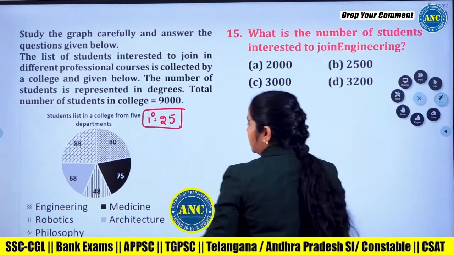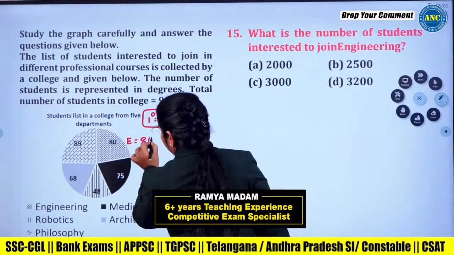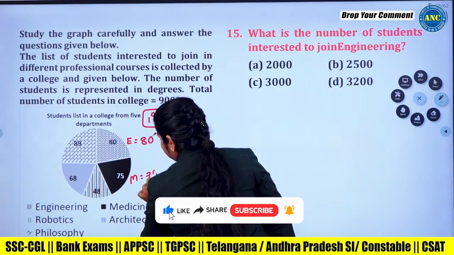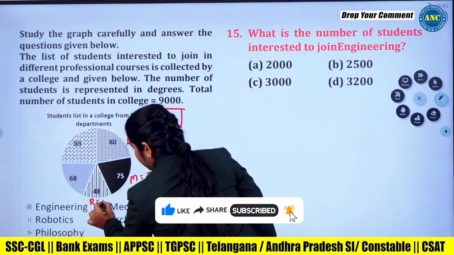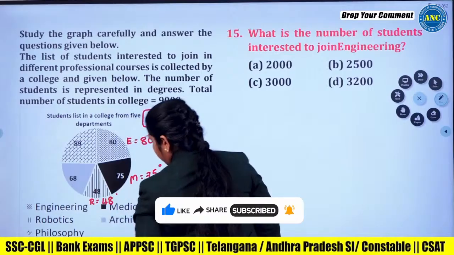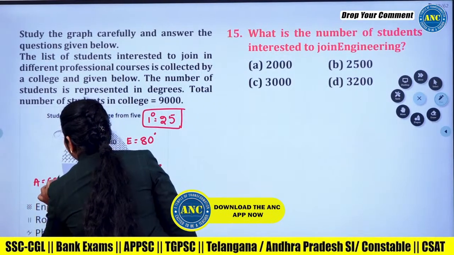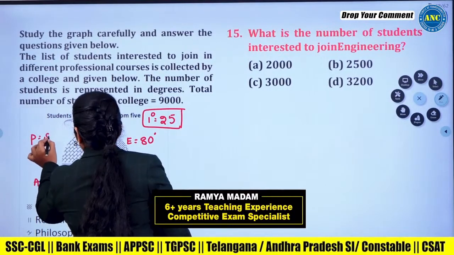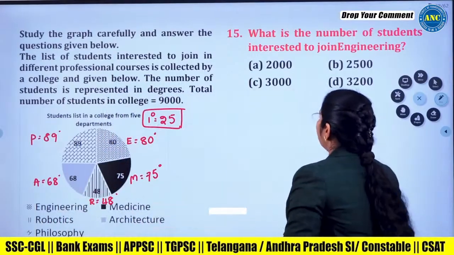Engineering, it's 80 degree, not percentage. Medicine, 75 degree. Then robotics, 48 degree. Architecture, 68 degree. And philosophy is 89 degree.